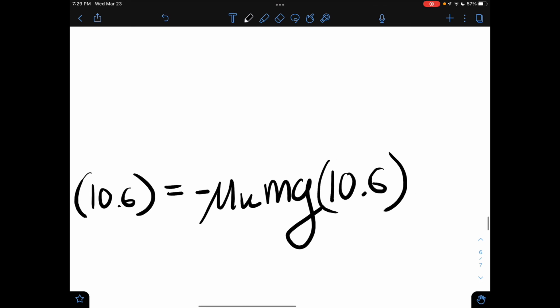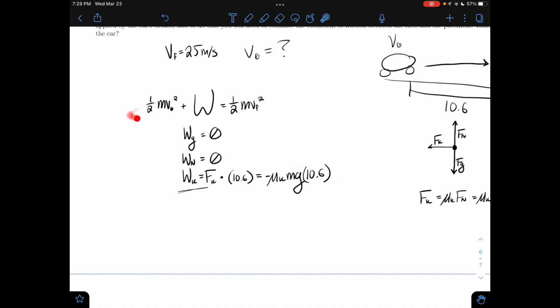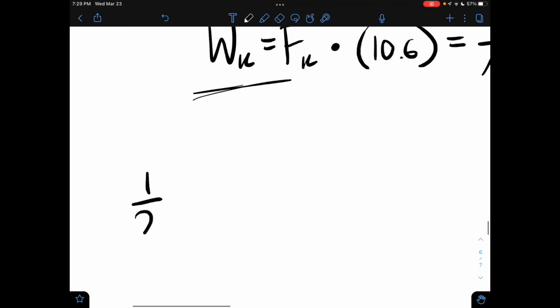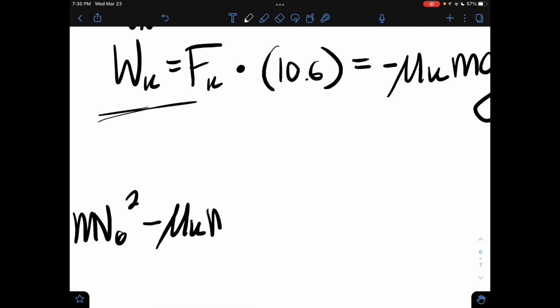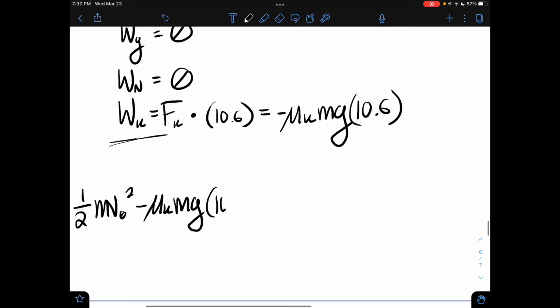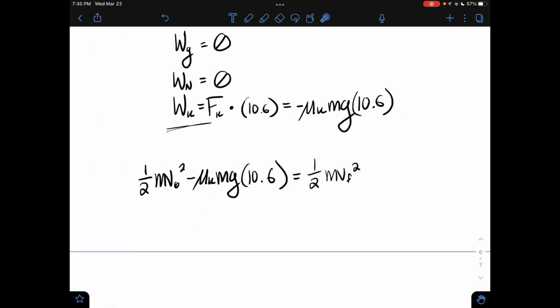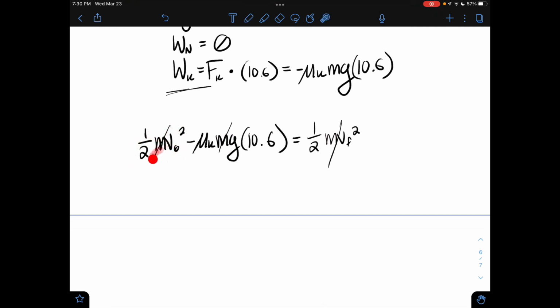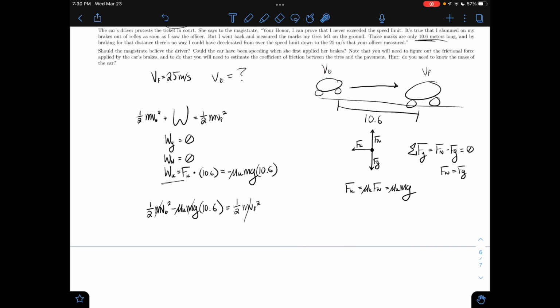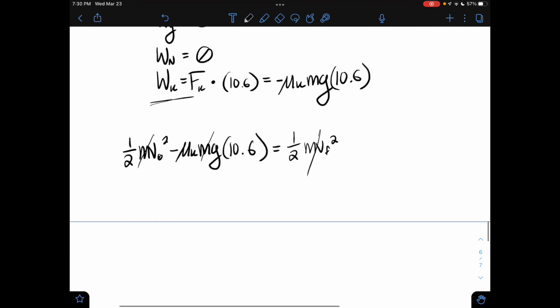our negative work. So plugging this back into our equation up here, we get 1/2 m v0 squared minus mu k mg times 10.6 equals 1/2 m v final squared. Now every term here has an m, so you can cancel those out. Then I'm going to solve for v0 on one side, because that's what the question's asking for. We're trying to figure out if she was speeding before she slammed on the brakes.